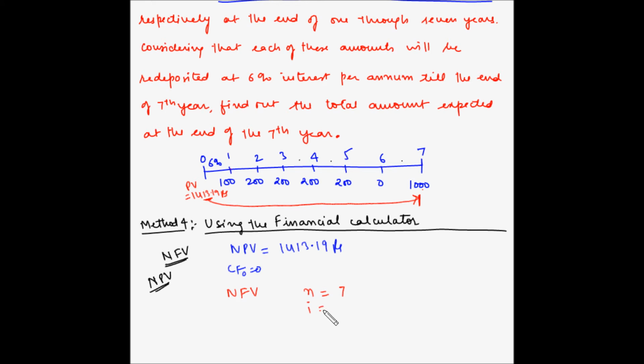I, which is the rate of interest, which is 6%, so 6. PV, which is 1413.19. Payment, which is PMT, which in this case is 0 because we are only considering the lump sum. And then we have to find out the future value.